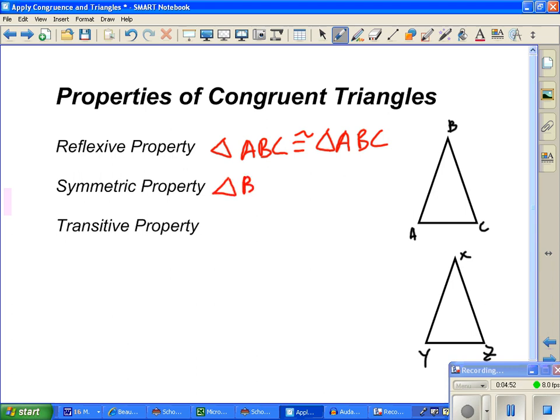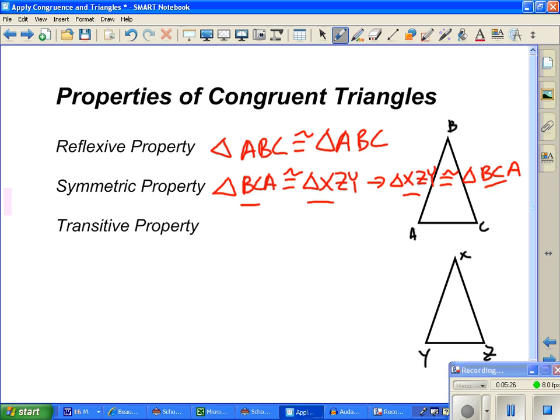Let's go triangle BCA is congruent to triangle XZY, just based on the letters I have here. Symmetric property says I can flip those around, right? So that's the same thing as saying triangle XZY is congruent to triangle BCA. I can flip the order of these. Symmetric property. We've had that all before. We're just applying it to triangles now.